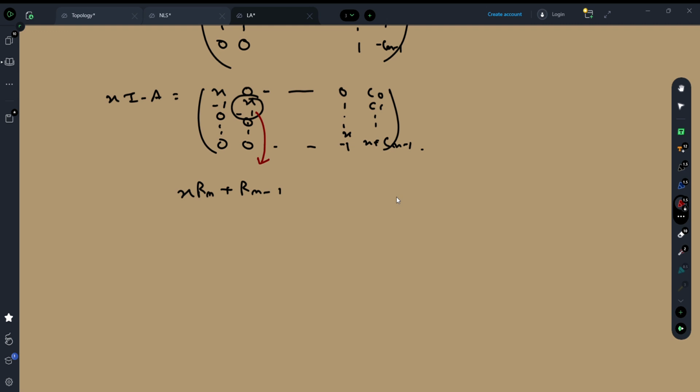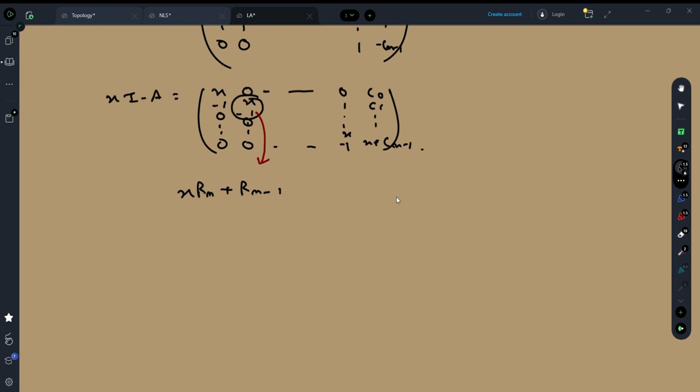If you multiply minus 1 x to this row, then you get a minus x term here. You add it to the previous row. You are adding x times Rn plus Rn minus 1, right? So you are adding x times minus 1 to the previous row, so minus 1 times x plus x will cancel out the x in the previous row. I guess it's clear, right? Okay.